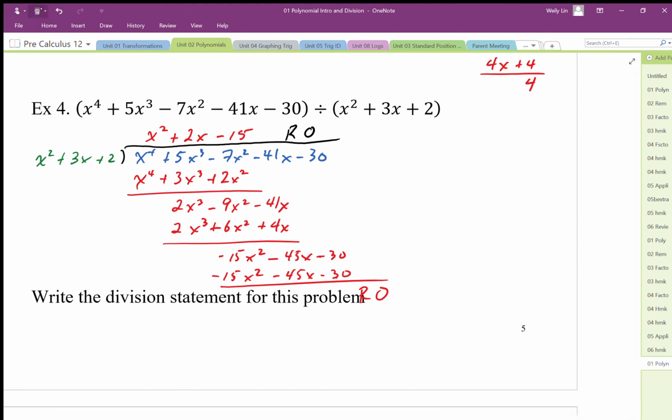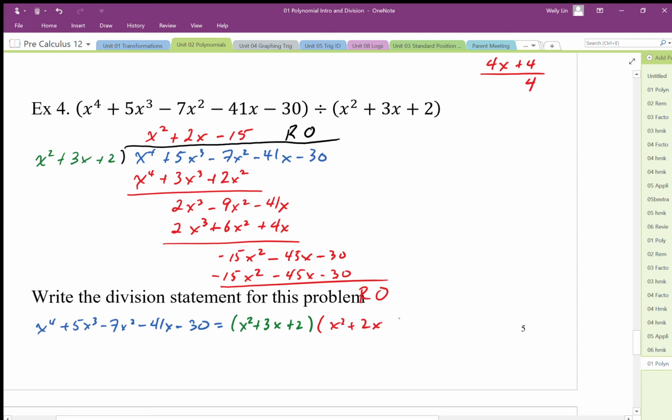Here's my dividend: x to the 4 plus 5x cubed minus 7x squared minus 41x minus 30 is equal to my divisor, x squared plus 3x plus 2, times my quotient, x squared plus 2x minus 15, plus my remainder, and nicely the remainder is plus 0. So this is actually nicely factored.